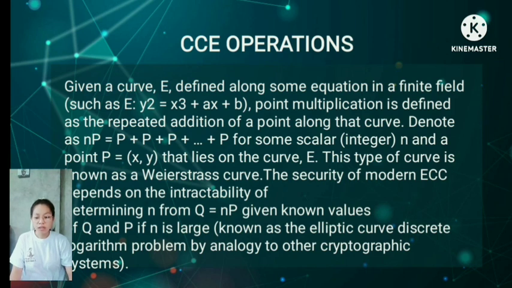The security of ECC depends on the intractability of determining n from Q = nP, given known values of Q and P, where n is large. This is known as the elliptic curve discrete logarithm problem, by analogy to other cryptographic systems.